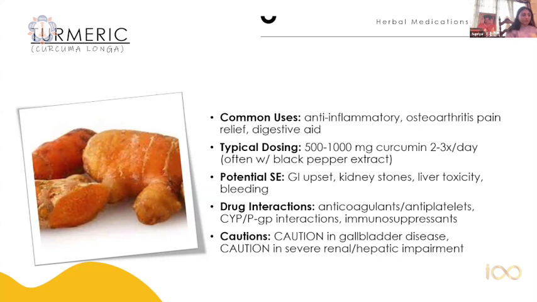Use caution in gallbladder disease and also severe renal and liver impairment. And just going back to the black pepper extract real quick, the reason why you do that is there's a substance in the black pepper called piperine, and that combines with the curcumin in the turmeric, and that can increase the bioavailability by about 2,000%, so you get a lot more anti-inflammatory effect.